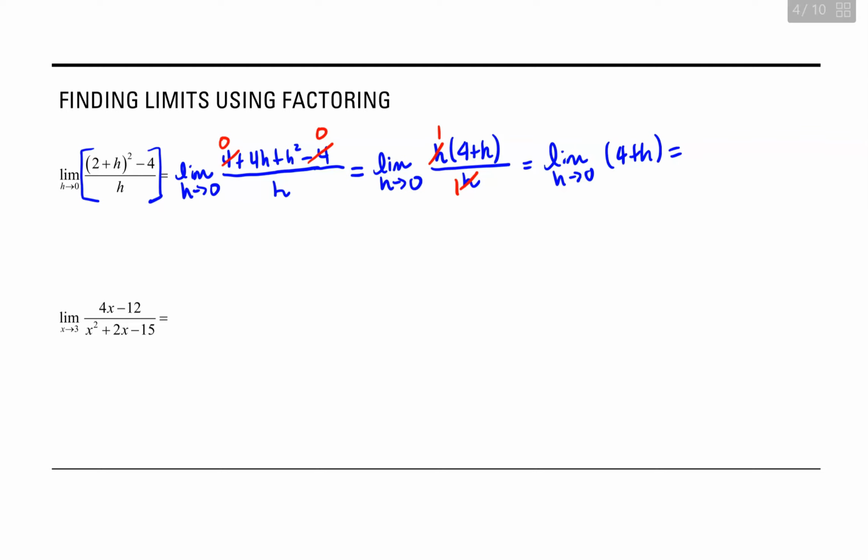Well, that would behave as 4 plus 0. Notice I'm not writing the limit notation anymore, because I'm now ready to answer the question. I now have the function in a form where I can answer how it behaves. That's 4 plus 0, which tells me that this limit is 4.